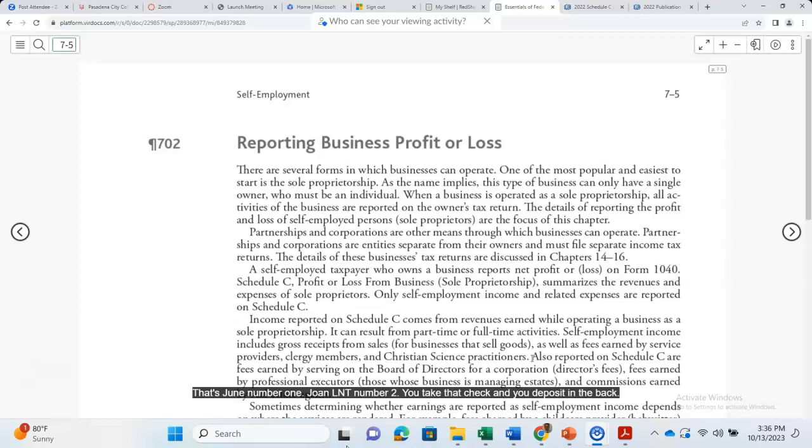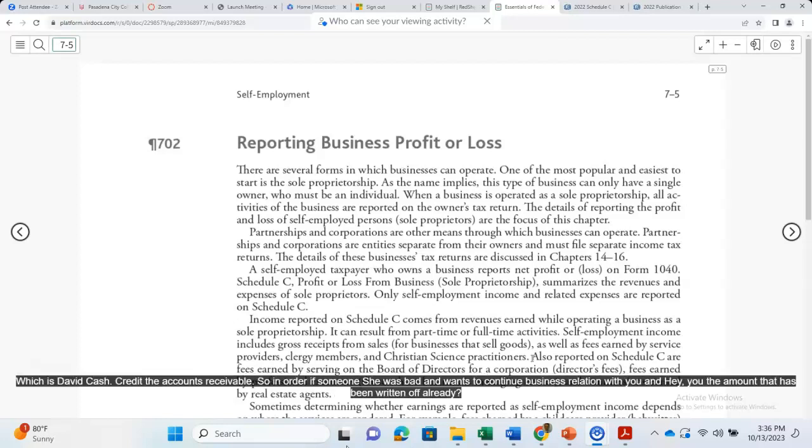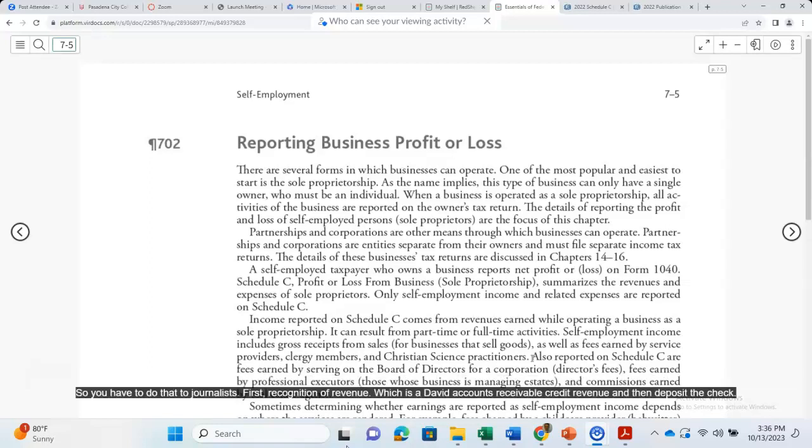Journal entry number two, you take that check and deposit it in the bank, which is debit cash, credit accounts receivable. So if someone feels bad and wants to continue a business relationship with you and pays you the amount that has been written off already, you have to do two journal entries.